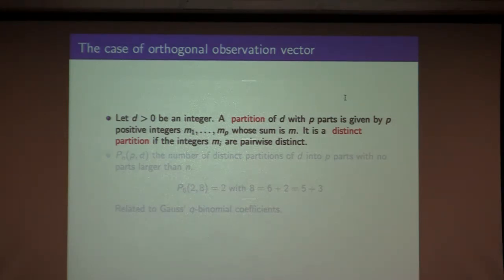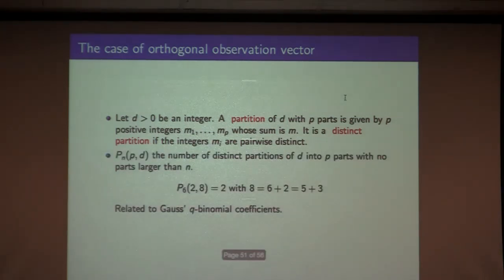That's a distinct partition. Now we need to add a twist to this. We need to look at partitions where there is a maximal value. So I call P sub n of p, D the number of distinct partitions of D into p parts. I have m1 through mp, none of these repeated, they sum to D, and I require that all the m_i be smaller than or equal to n. That would be a restricted partition.